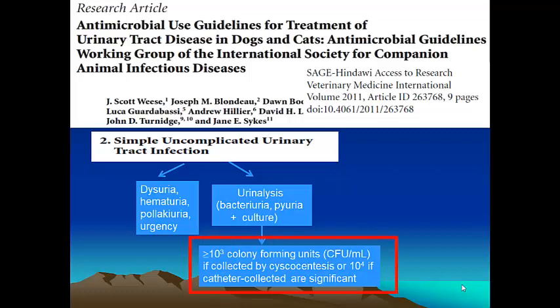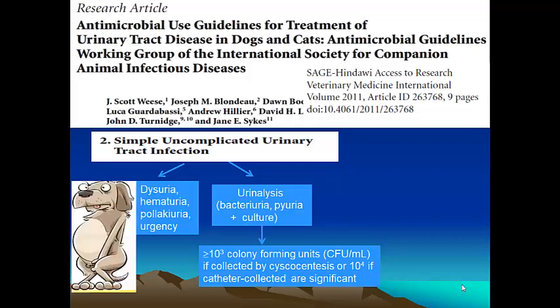If you grow more than 1,000 colonies per mL of urine, that infection usually becomes relevant only if clinical signs come along with it, which is an indication that there is inflammation. Otherwise, we're going to usually call it a subclinical infection, as we will see later, which does not warrant being treated. Those clinical signs, as you see here, are dysuria, polyuria, painful urination, maybe some blood in the urine, urgency to urinate, vocalization.